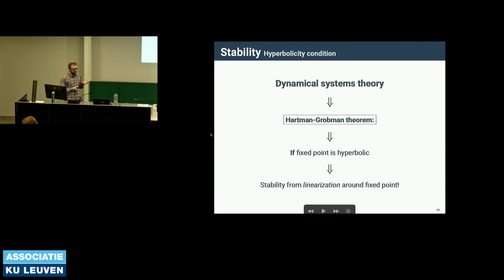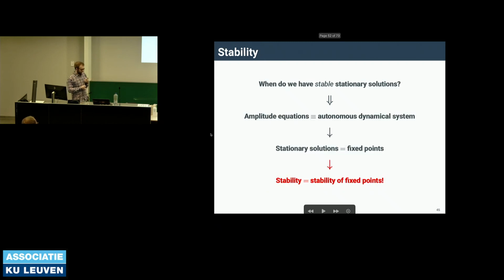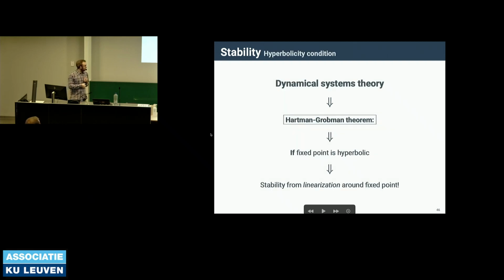Then we have to determine what the stability of the fixed points is, of course. And to do that, we rely upon one of the big theorems in dynamical system theory, the Hartman-Grobman theorem, which says that if your fixed point is hyperbolic, then you can determine the stability of your fixed point from a linearization around your fixed point.